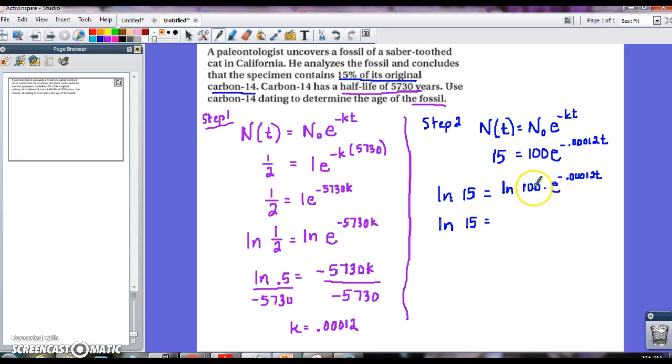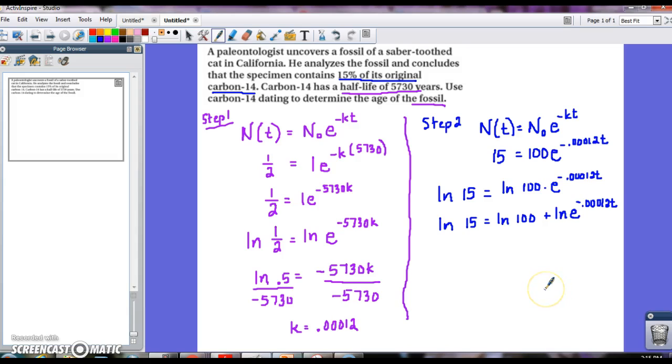Remember, this is the product of two things, so we can use our product rule, which says I can write this as ln of 100 plus ln of e to the negative 0.00012t.